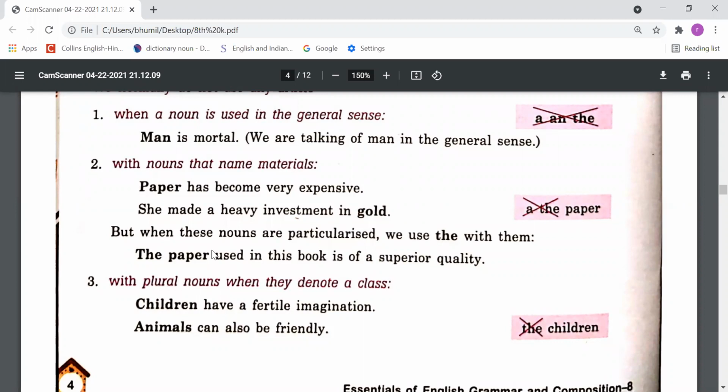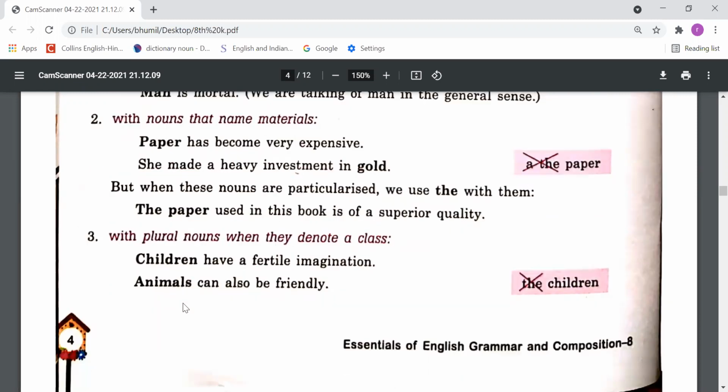Similarly, we can say the gold of Karnal is very precious, very useful. But if you talk about gold in general, there is no need to use any article, right? Next, we can say education is very expensive, and we can say the education of Century School is very good. Now we are talking about a particular education, which belongs to Century School.